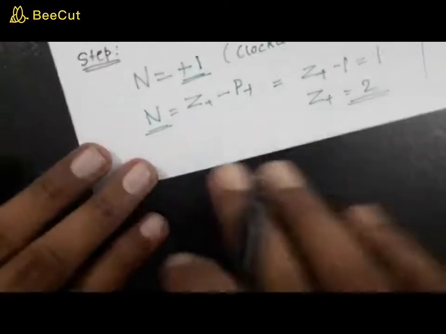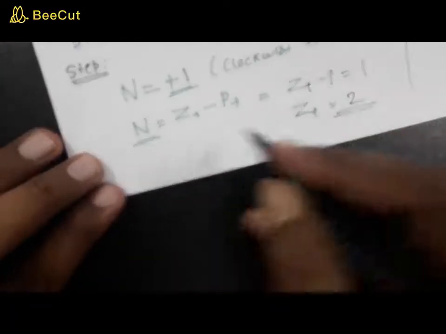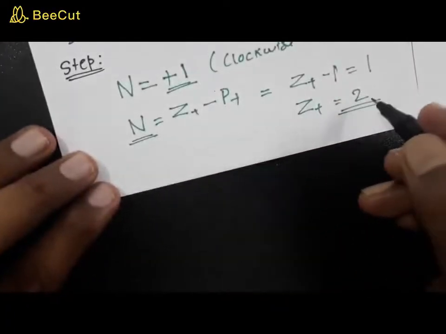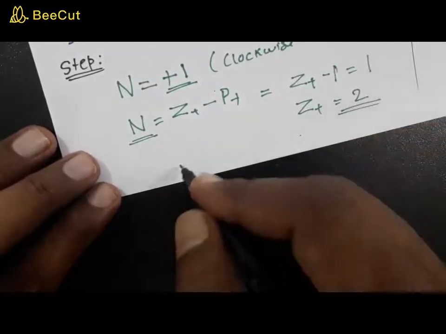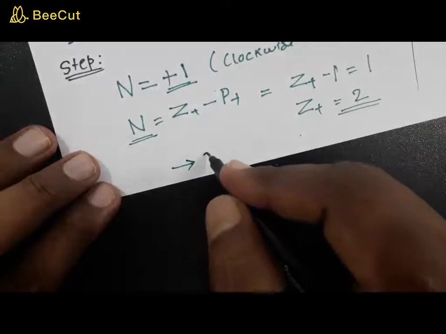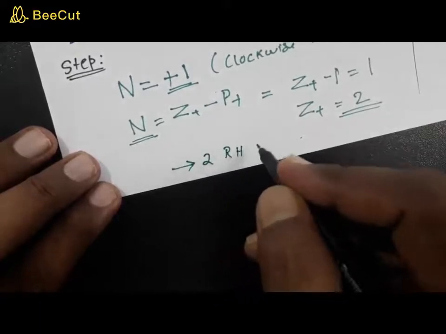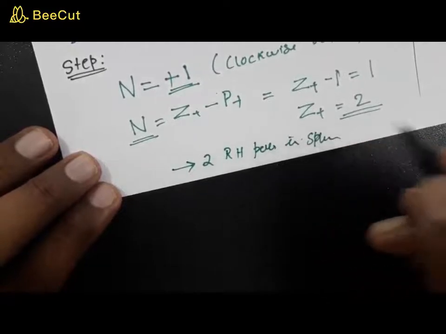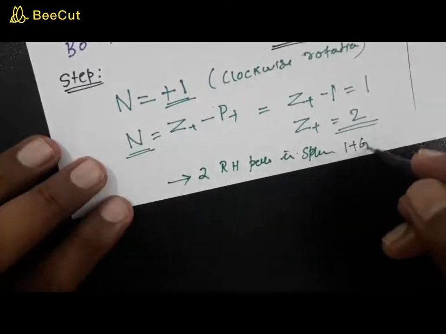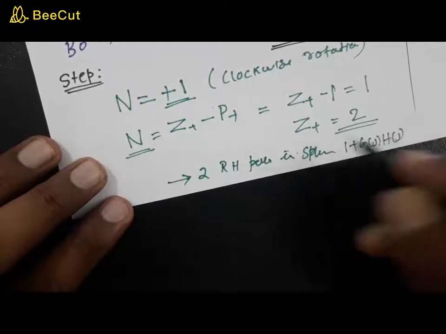Now applying the Nyquist criterion, what does the Nyquist stability criterion state? For a system to be stable, this Z+ has to be equal to 0. But since Z+ is 2, it has 2 right half poles in the S-plane of the characteristic equation 1 + G(s)H(s). That is what this suggests.